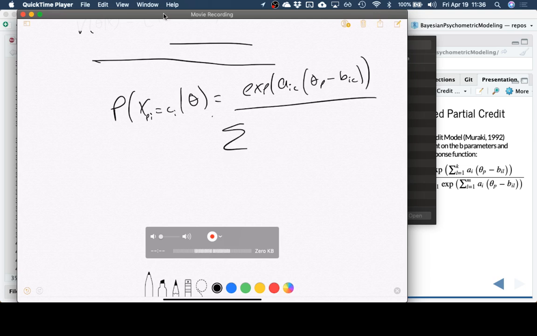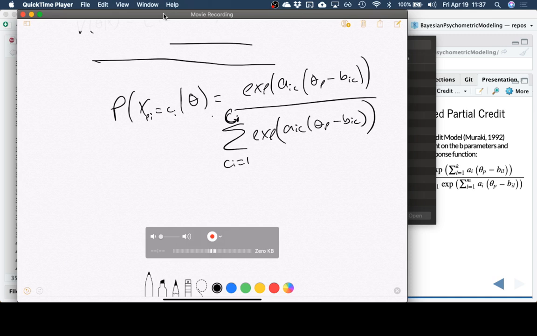And then it's over the sum of the term in the top. So it's what we call a divide-by-total model. Like that. And this is across all the categories for an item. This is like a big C up here, for that item. Right?